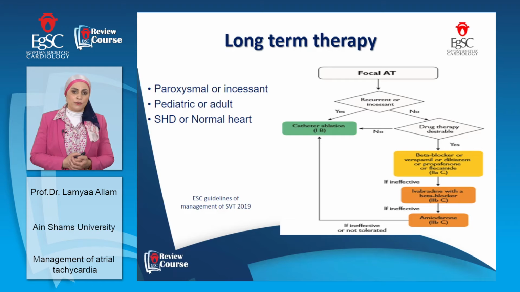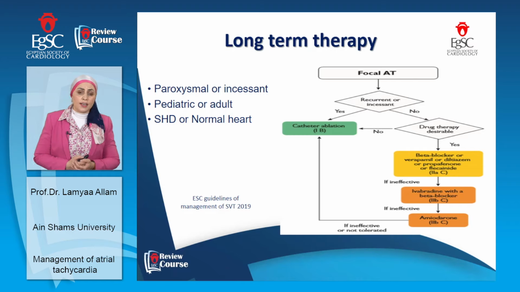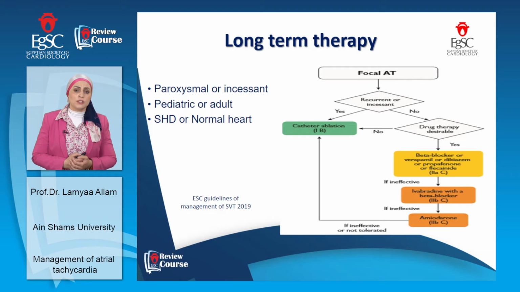But I don't prefer calcium channel blockers, especially in children less than 2 years, because they can cause severe or marked unexpected hypotension in this age group. And of course, we don't prefer amiodarone in a child because of its long-term side effects. So if the tachycardia is not responding to medication, it is better to send the patient for ablation.